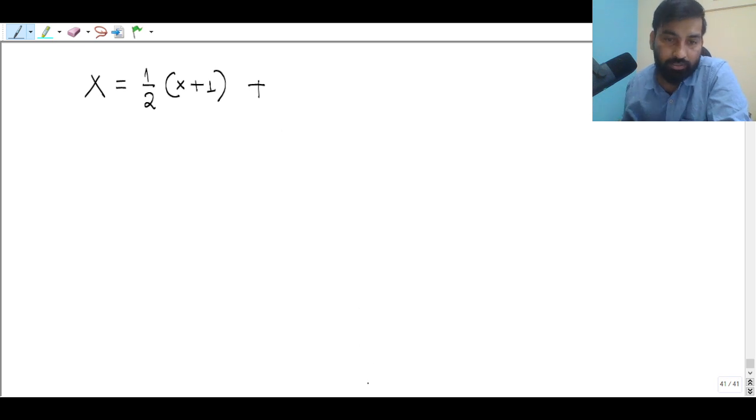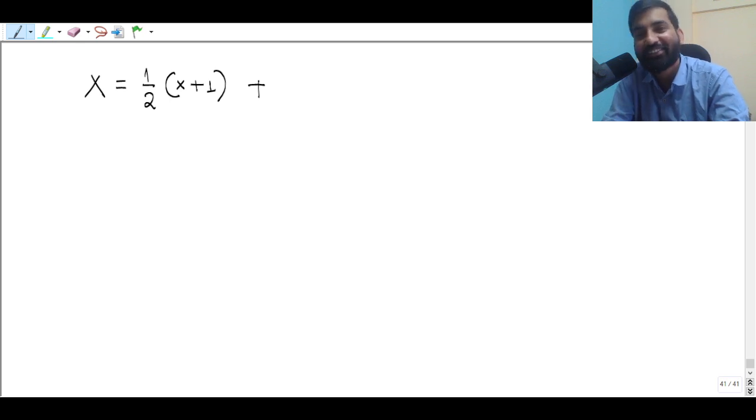Plus, suppose you are throwing a die and you got an even number first, and again you throw the die and you got an odd number. But your goal is to get an even number in 2 consecutive throws. Again you have wasted 2 throws, right?